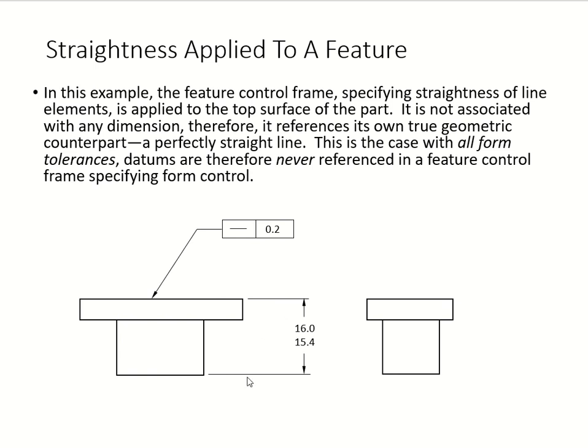You don't have any dimension showing, there's just a geometric tolerance right there. So we don't have a datum reference in this feature control frame at all, and that's true for all form tolerances.